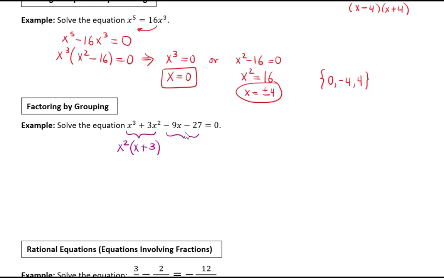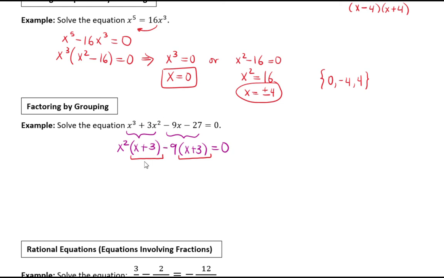And from here I can factor out a negative 9. As you see, if I factor out a negative 9, I come up with x plus 3. This shows that factor by grouping works, because we got the same expression in the parentheses. So now we factor out this factor x plus 3 from the right.